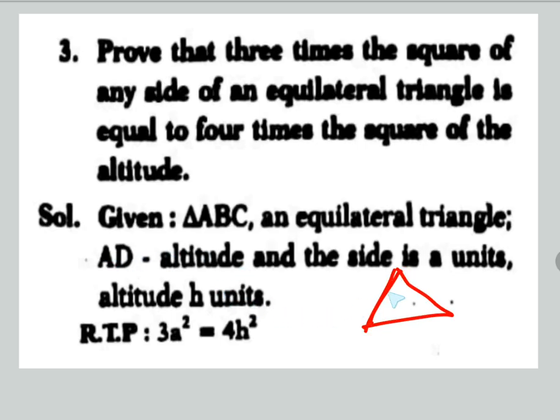The altitude is AD. The side is A units, and the altitude is H units. Then we are required to prove that 3A square, 3 into side square, is equal to 4 into H square, 4 into altitude square.